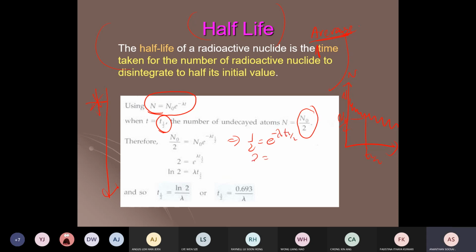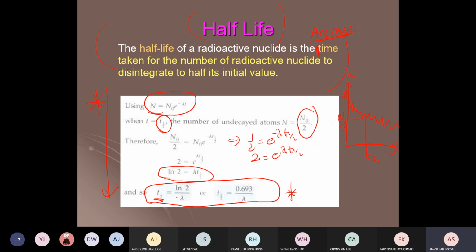So I make it 2, then the power becomes positive lambda t half. Your maths indices: bring ln to both sides, becoming ln 2 equals lambda t half. Make t half the subject. This is the formula for half-life. For the first time, you have a formula for half-life: t half equals ln 2 over lambda.